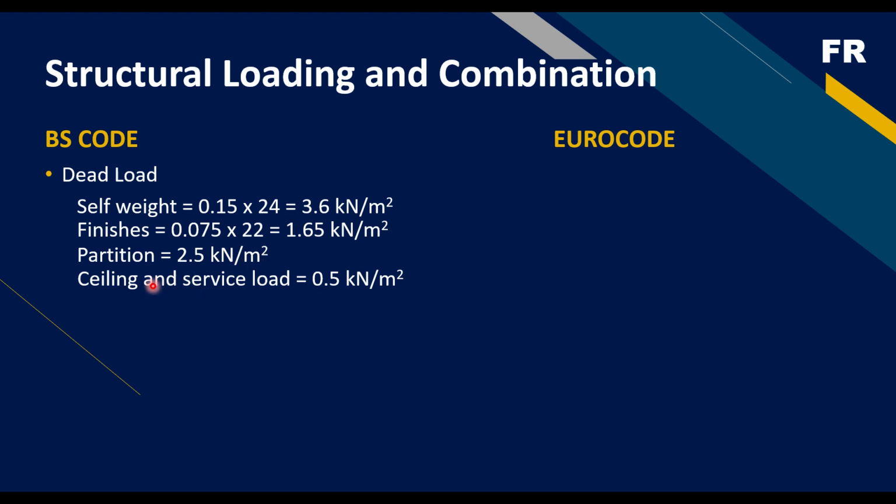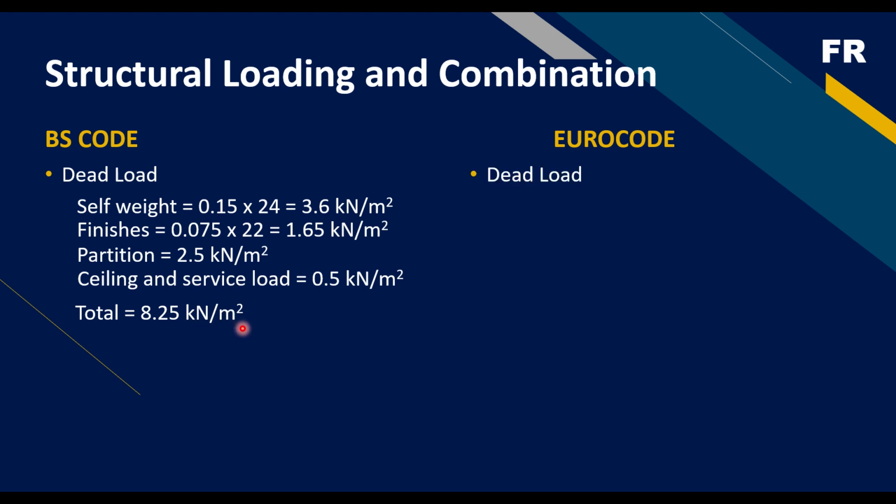Then we also have service load, which includes all other loads or appliances that can be attached to the slab, such as ceiling fans, electric bulbs, and every other appliance that might be attached. So we assume a service load of 0.5 kilonewton per meter square. Therefore the total dead load is 8.25 kilonewton per meter square.